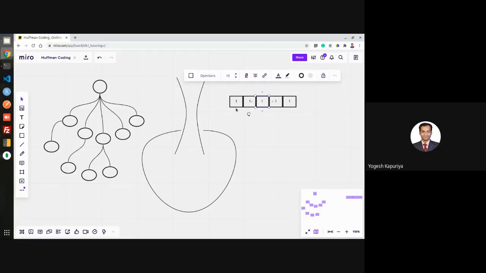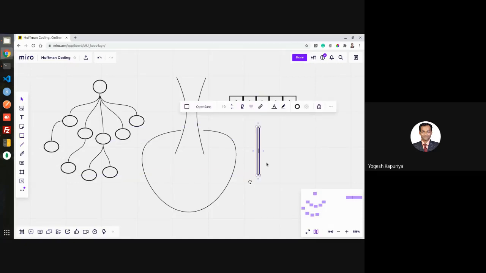If your index starts with 0, this is your a of 0, a of 1, a of 2, a of 3, a of 4, like this. If it is a stack, then what you have is something like this.